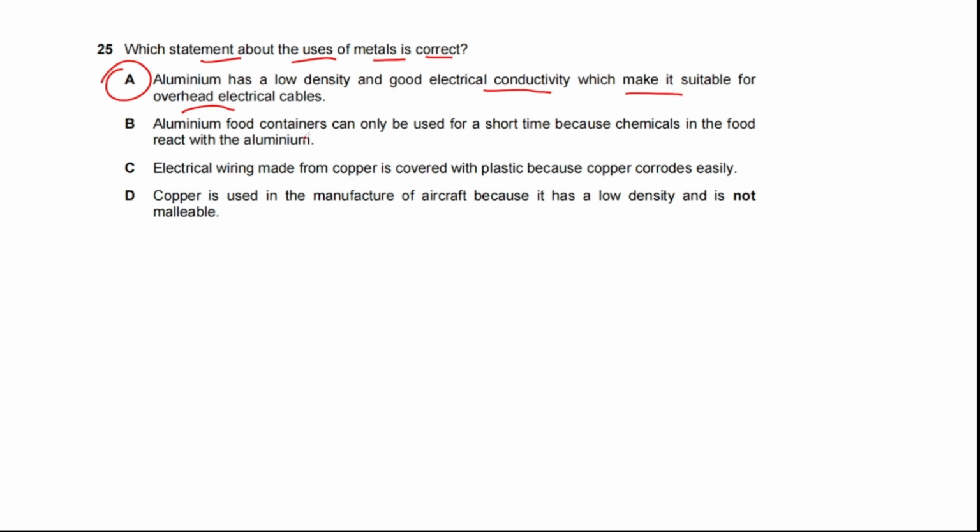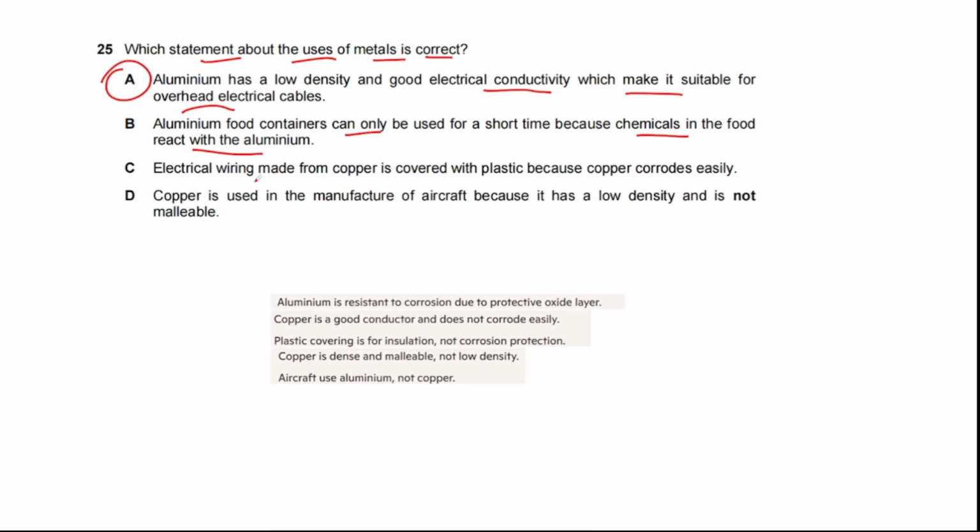Aluminium food containers can only be used for a short time because chemicals in the food react with aluminium. Aluminium is not corroded; it's resistant to corrosion. It doesn't have any problem with food. We have foil and all, right? So we are preserving our foods for a shorter time with aluminium.